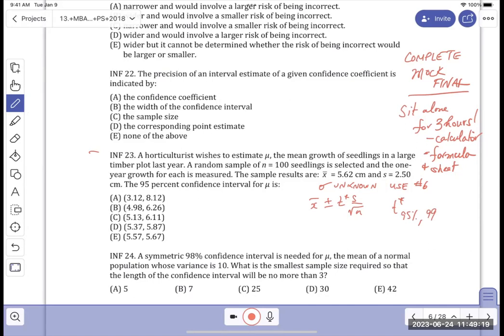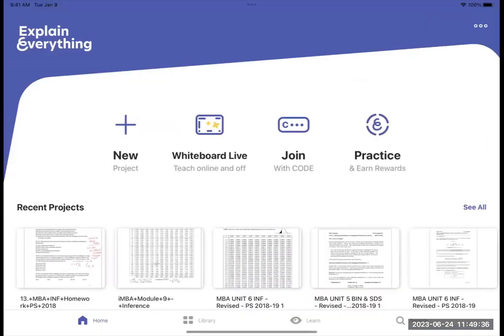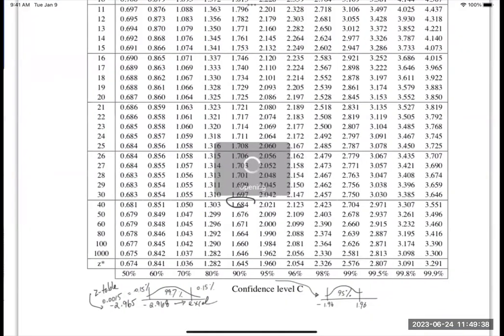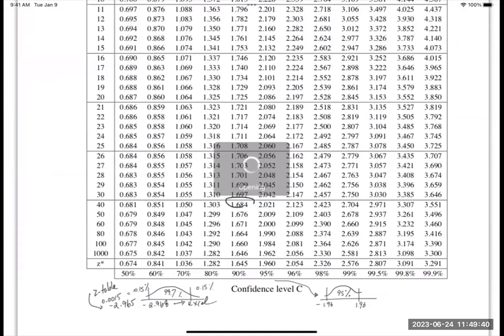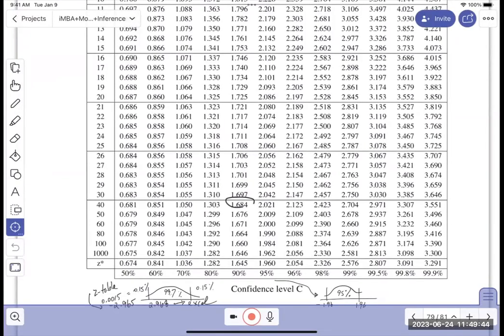So what do you do? 99 is not here, right?